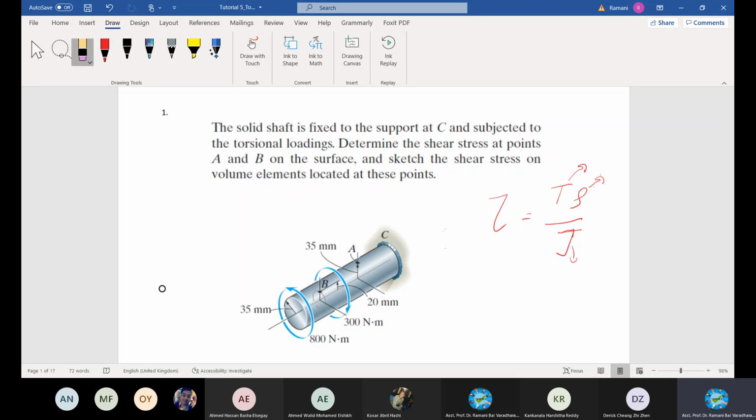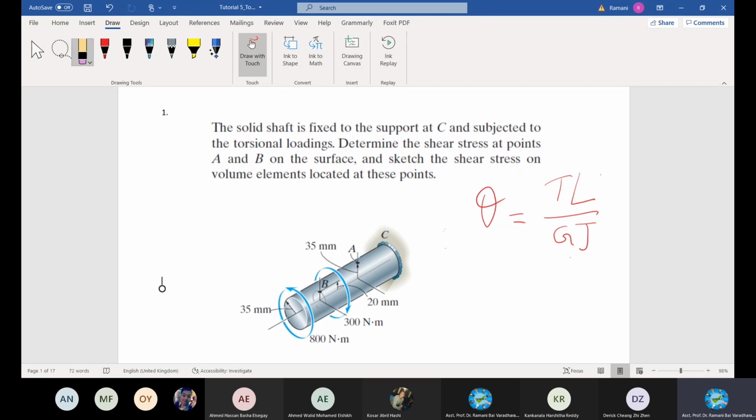So this is how we can calculate the shear stress. And then the third one, the angle of rotation, which is theta, is defined by TL over G times J. So in all calculations, either one will be given or two will be given, and the other two will be asked, right? Left side will be given asking for right side or vice versa.